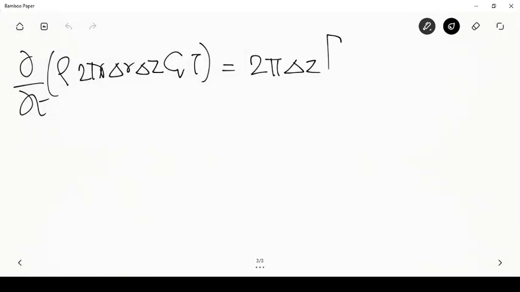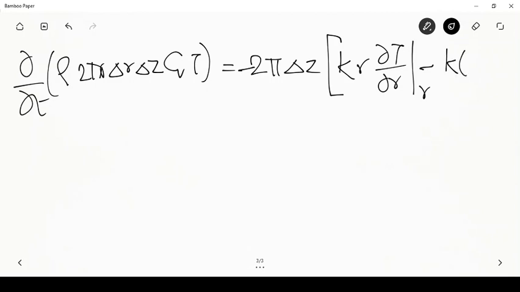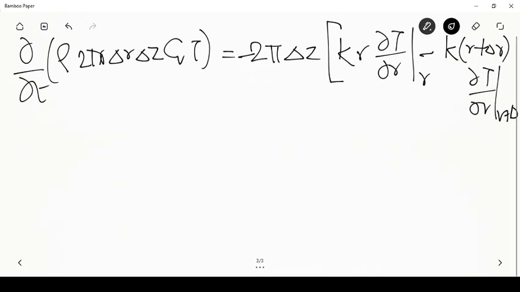So this multiplied by minus k r del T by del r at r, and minus k into r plus delta r into del T by del r at r plus delta r. Okay, so that will be that term.